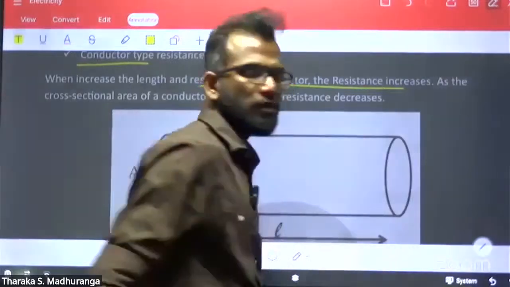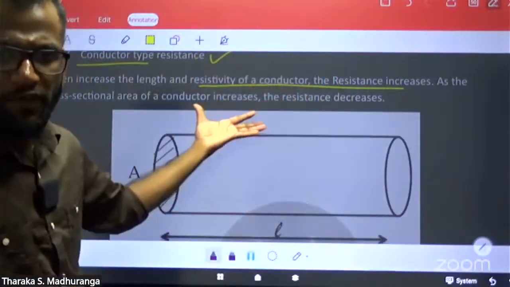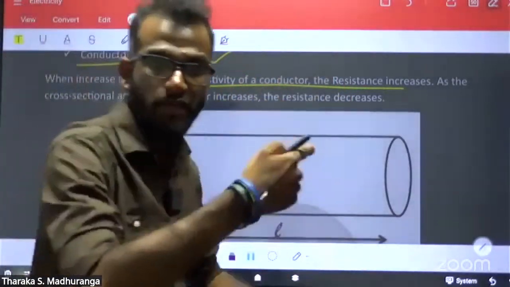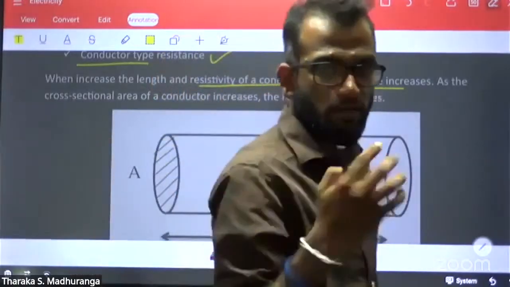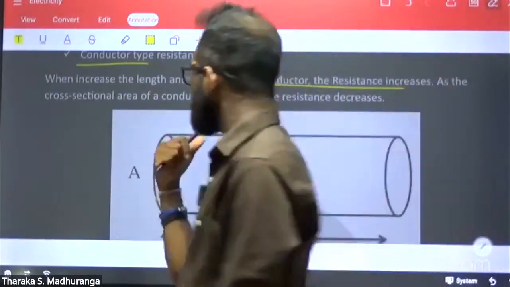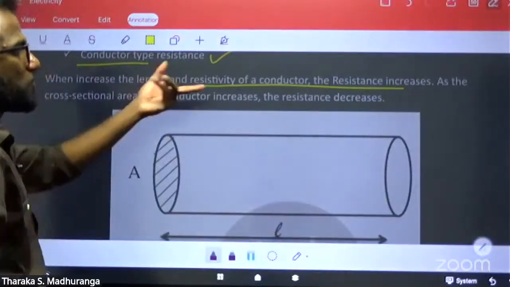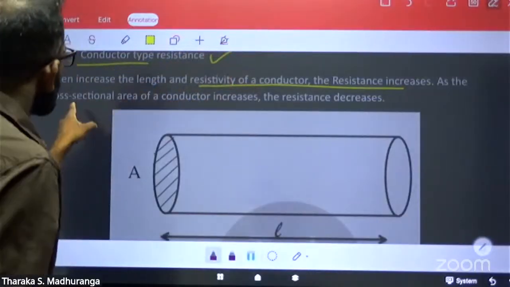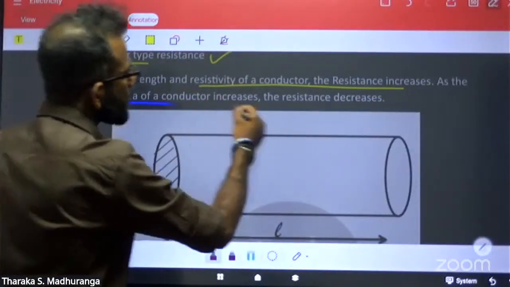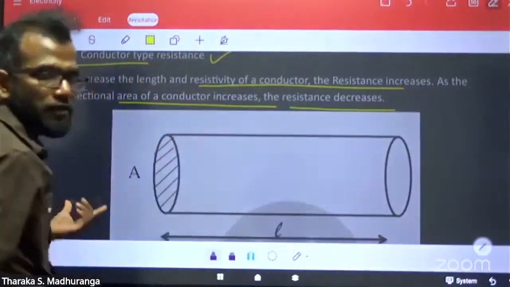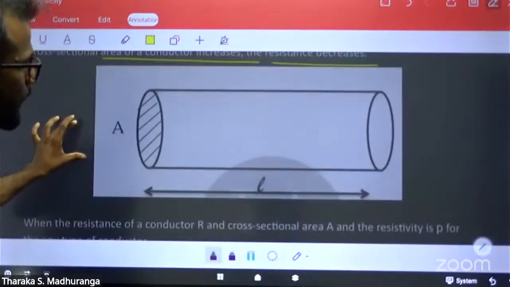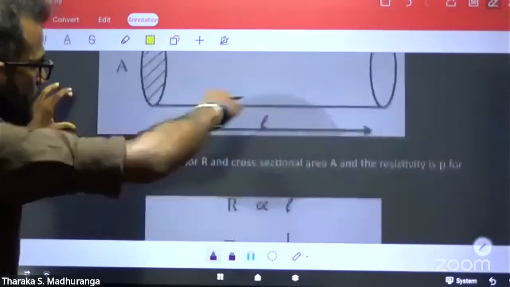I have given that in a slightly complex way, and on the green board I gave the simple way. The same thing: as the cross-sectional area of the conductor increases, resistance decreases.